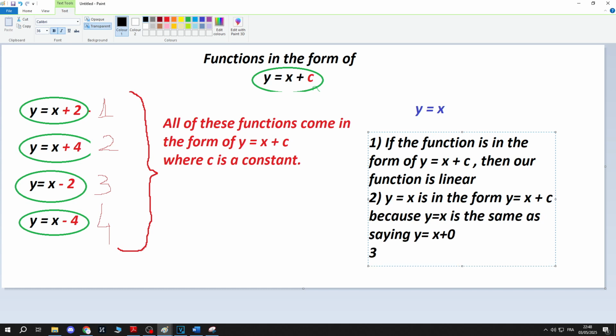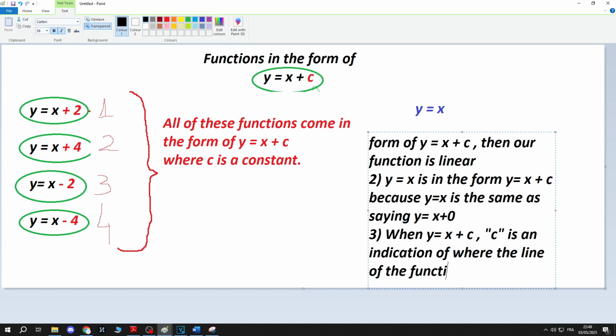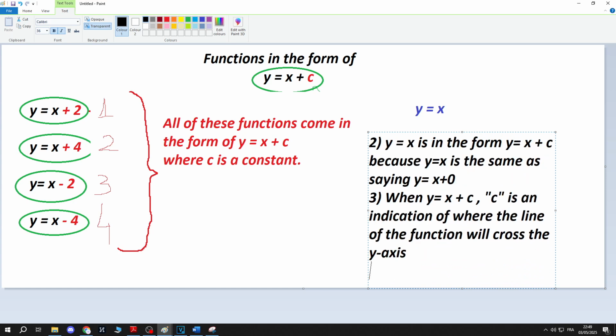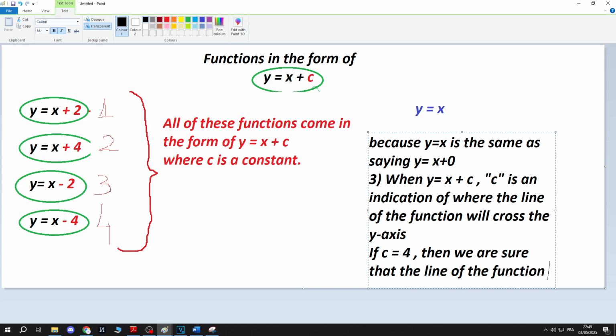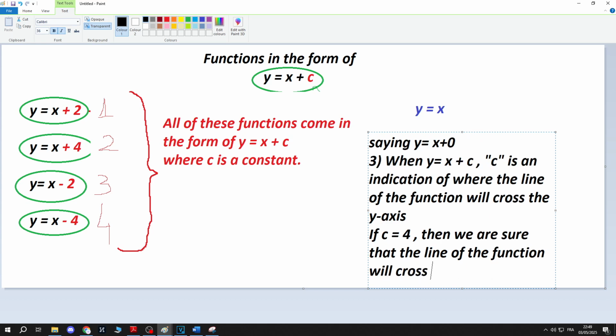Third, when y equals x plus c, c is an indication of where the line of the function will cross the y-axis. So that means if c equals 4, then we are sure that the line of the function will cross 4. On the y-axis, of course.